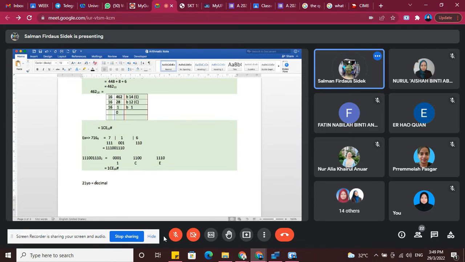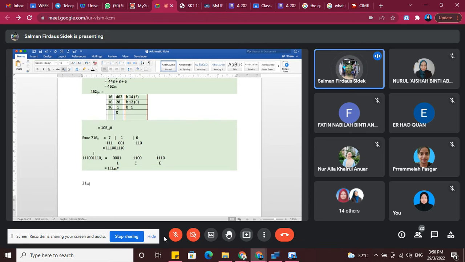So what is your age on that planet? Nak buat macam mana? So you need to use the techniques lah to relate decimal to binary, binary to hexa, or directly decimal to hexa. And then you check your answer using another technique just to make sure that your answer is correct or wrong.